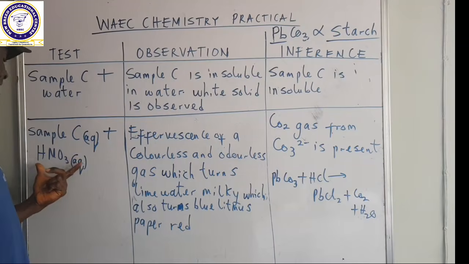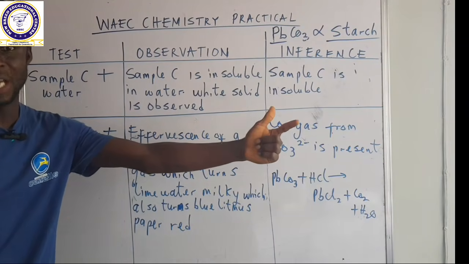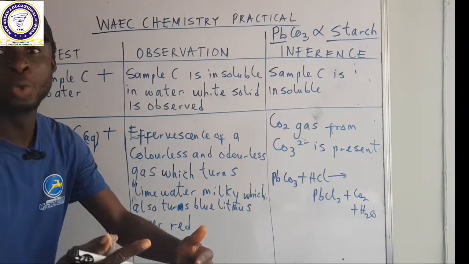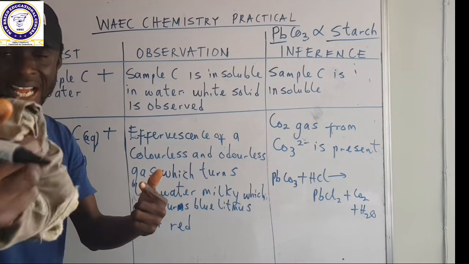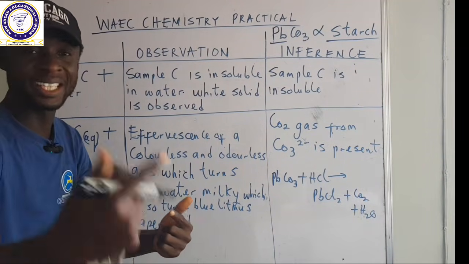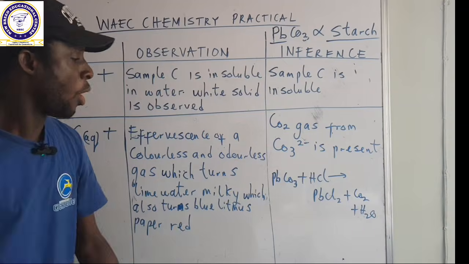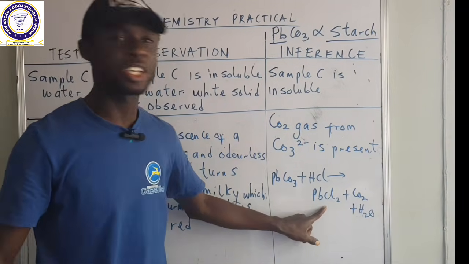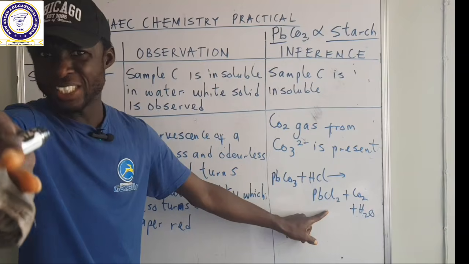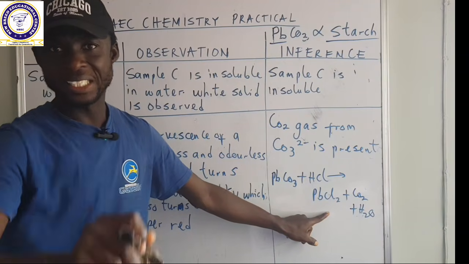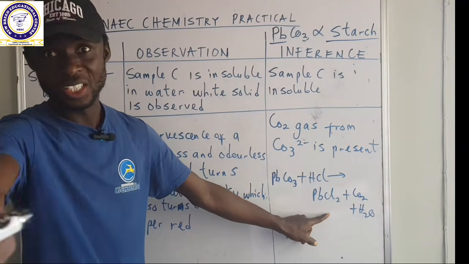When we are adding HNO3, we get lead nitrate, and that one is soluble. So we can continue our reaction to test for the lead ion there, because our lead nitrate is already soluble. But if you are adding HCl, your lead chloride is going to be insoluble.